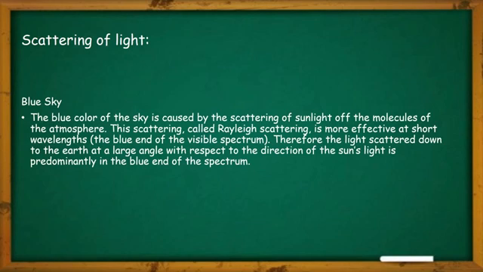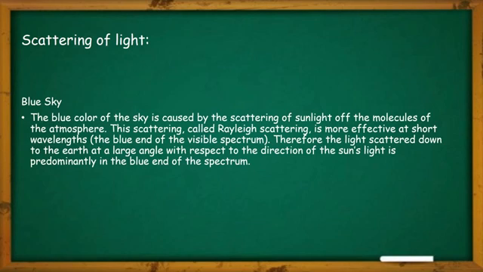Rayleigh scattering is more effective at short wavelengths, which means the blue end of the visible spectrum. So more scattering happens there. Therefore, the light scattered down to the earth at a large angle with respect to the direction of the sun's light is predominantly in the blue end of the spectrum.